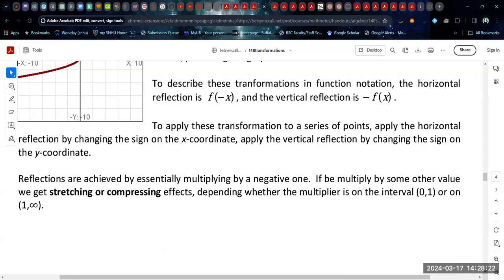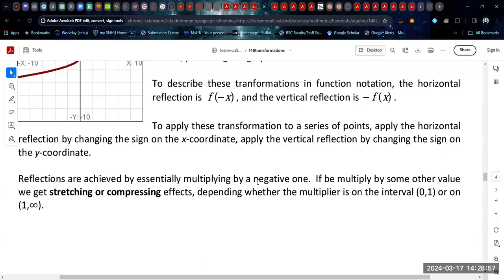So one thing to keep in mind, though, is that when you stretch or compress or reflect a function that already has a horizontal shift on it or a vertical shift on it, when you apply a negative to the entire function, you're actually changing the value of those shifts. And so this is generally why we want to do the multiplication steps first, when we're applying multiple transformations, and then do the shift last.